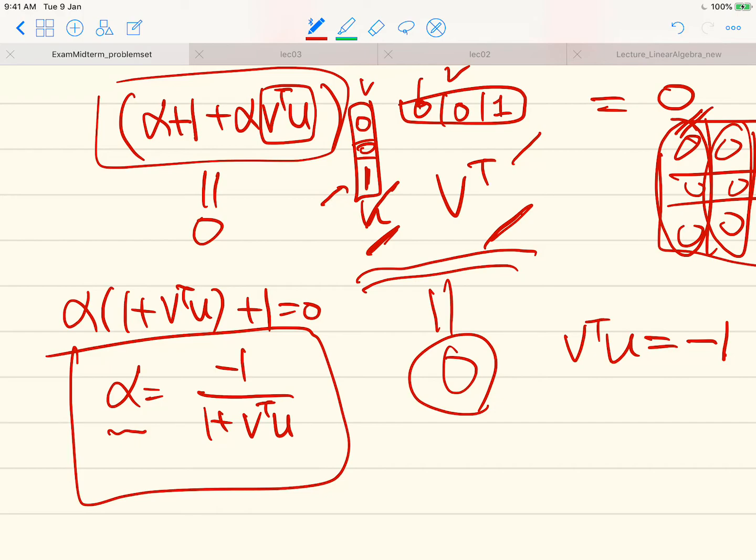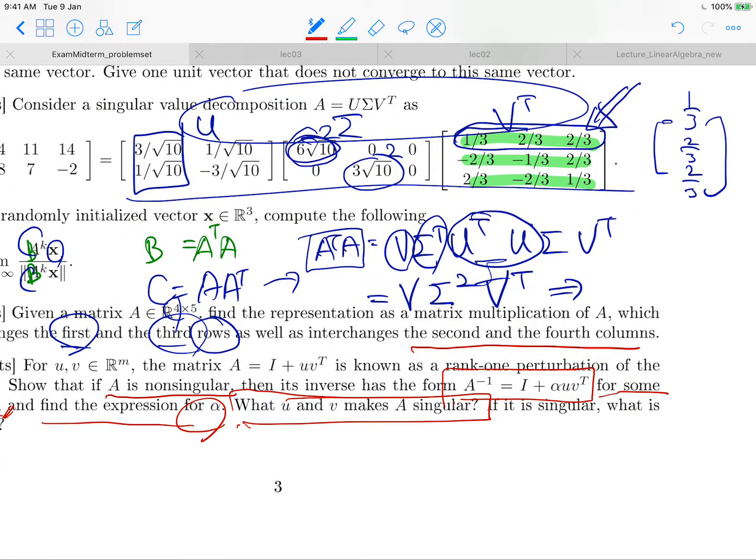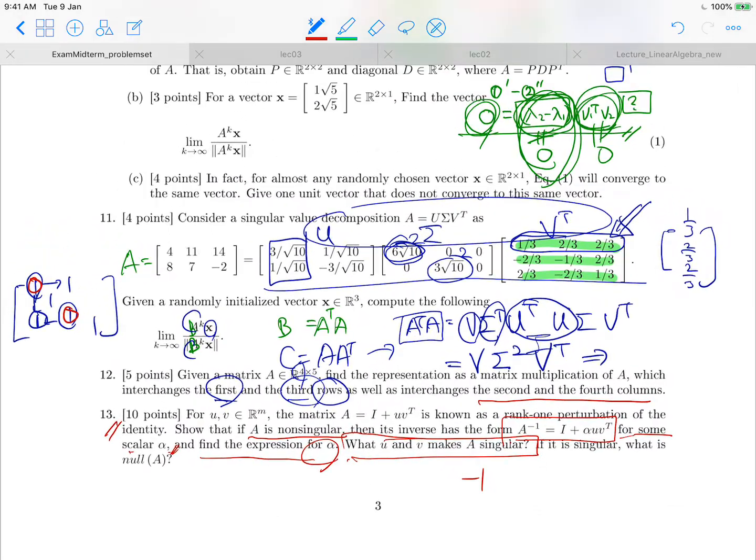So their inner product. Although we added an outer product between those two to the identity matrix, if we compute their inner product and it produces negative 1, then this makes the denominator 0, which makes the definition of alpha impossible, right? So it is when u transpose v is negative 1.